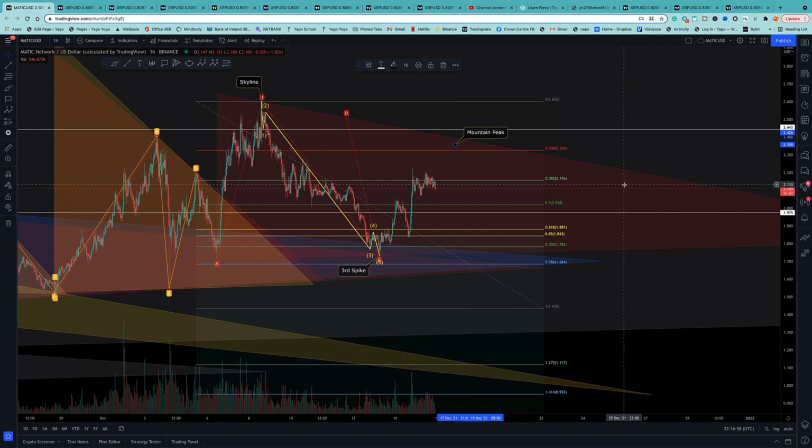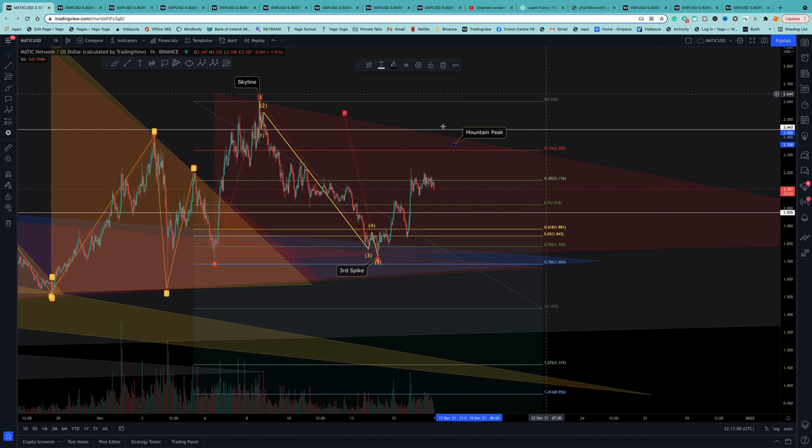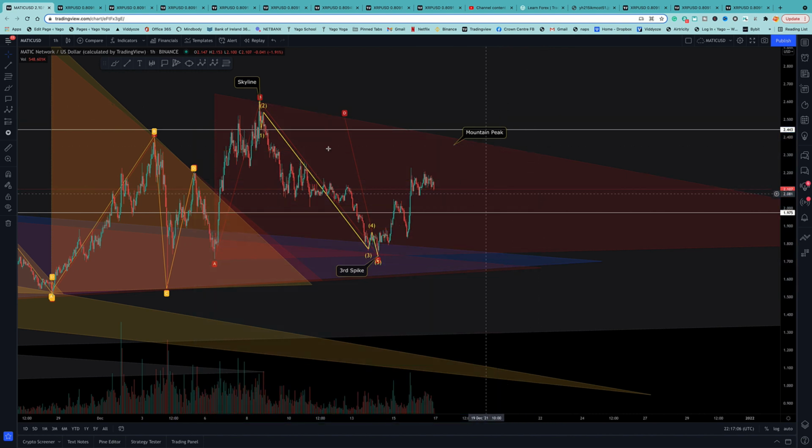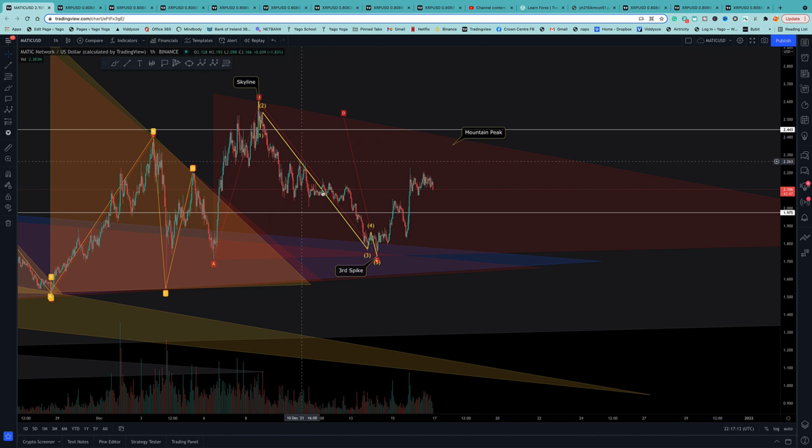Now you know where I'm going next. Let's do the fib on this and see what the fibs will tell us, and then we'll follow the scooping of it. So look, this is an Elliott wave in itself, down. Okay.